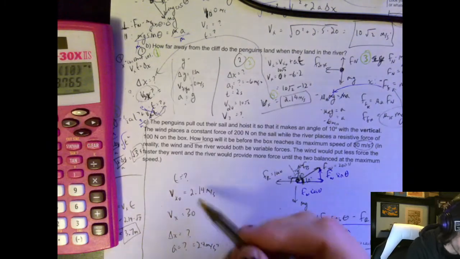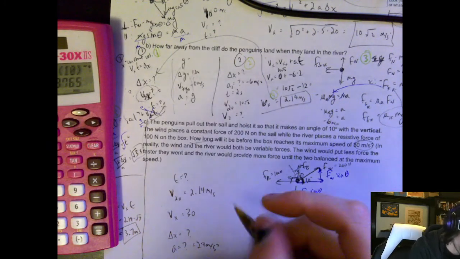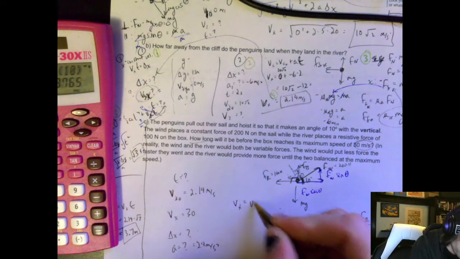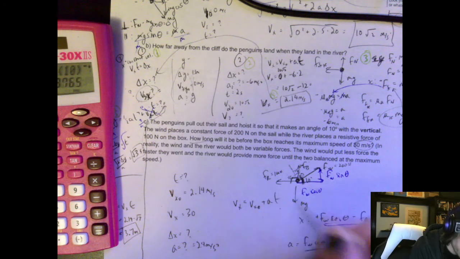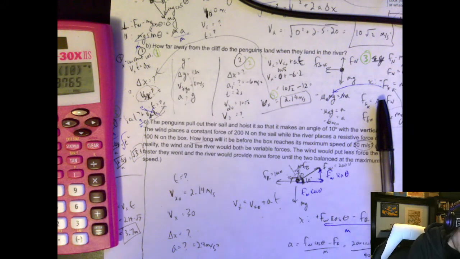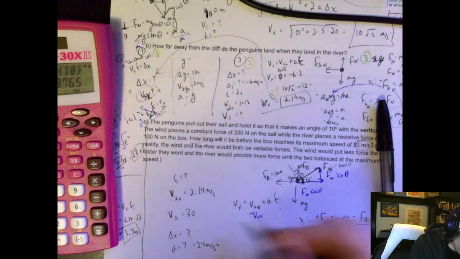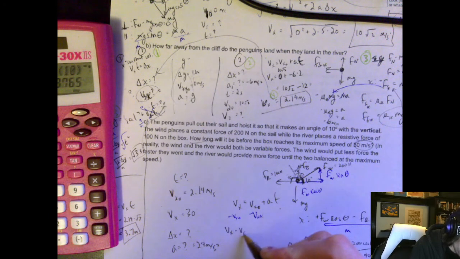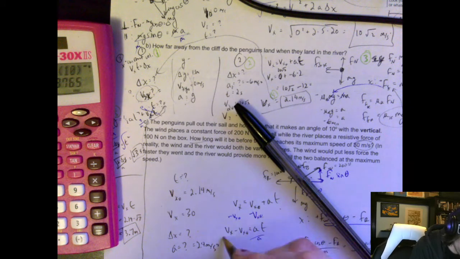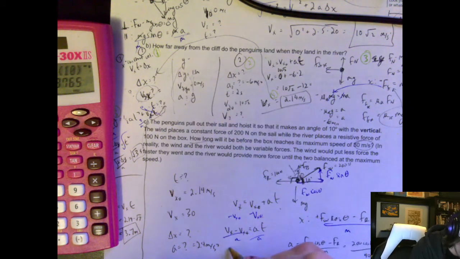And because we have an initial velocity, a final velocity, and acceleration, and we're looking for a time, Vx equals Vx naught plus AT. Subtract each side by the initial velocity. We'll get Vx minus Vx naught equals AT. Divide each side by the acceleration, and we're done.